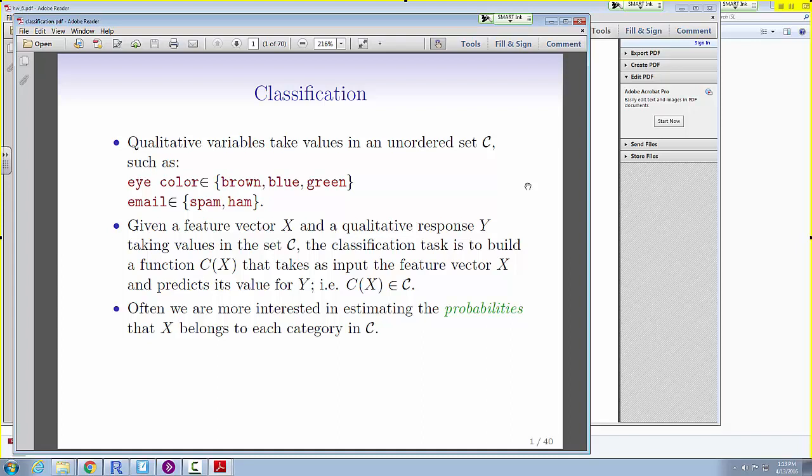And one thing that would be nice is if instead of just saying you are class A, period, we could say I estimate the probability that you're class A as 0.78, which means the probability you're not class A is 0.22. So it'd be nice if we could qualify our predictions with a probability. Some methods are better at that than others.